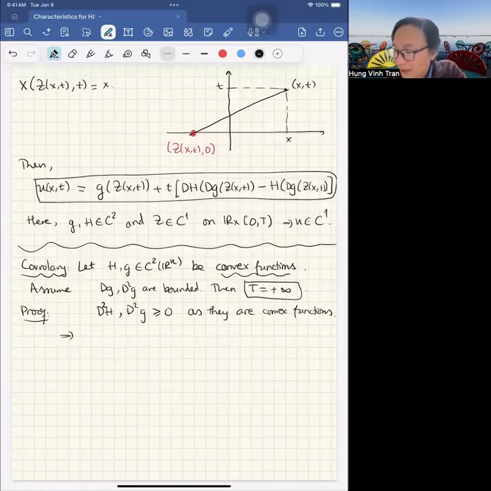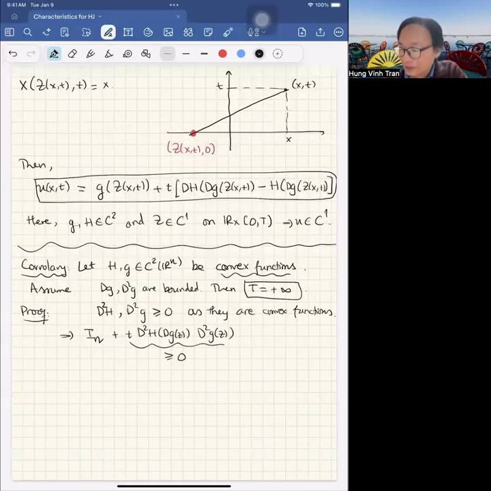Then this would imply that I_n plus t times D squared h of Dg(z) times D squared g(z) is positive definite already. t is a non-negative number, and this product itself is non-negative definite, right?